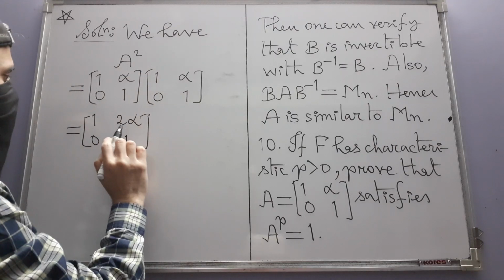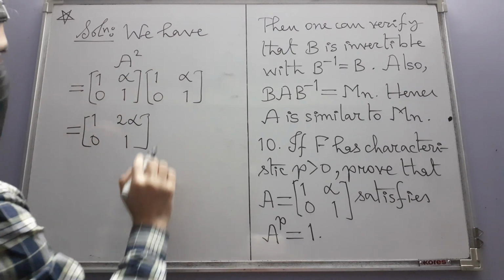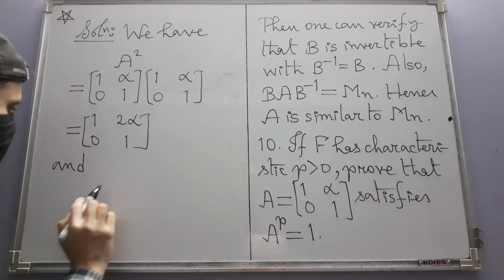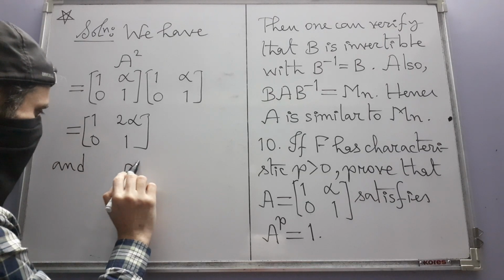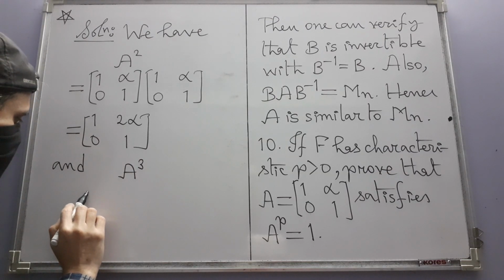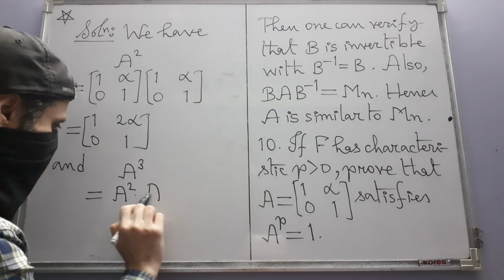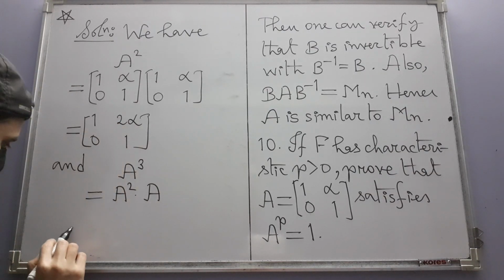So this exponent 2 appears here. And let's see how A cube looks. A cube can be written as A squared times A. So we already know how A squared looks.